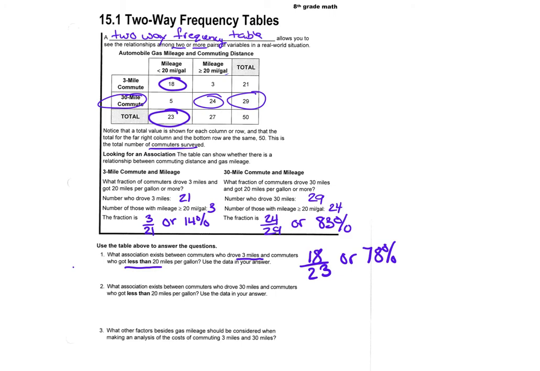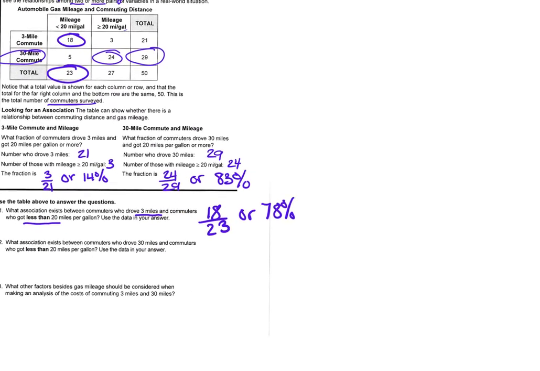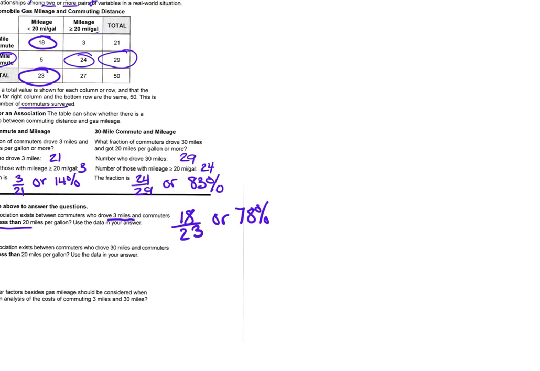So that tells us that's pretty high, right? It's more than 50%. So it suggests that there's an association between short commuting distance and poor gas mileage. So if you're not driving as far, you probably are not going to get as good gas mileage.